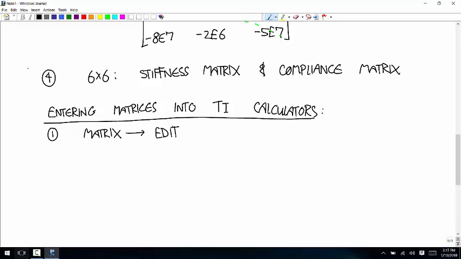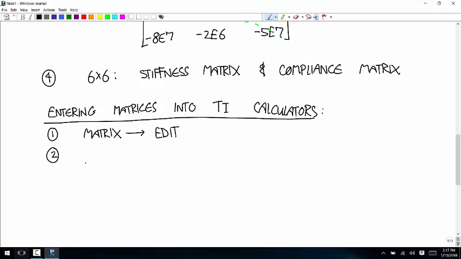You go into edit, and it asks you how many rows, how many columns, you enter those, and then plug in the values. That's a more tedious way. It's just a real clicky way. Click, click, click. The other two ways, if your calculator does it, I think you'll find are faster, but any of these work fine.